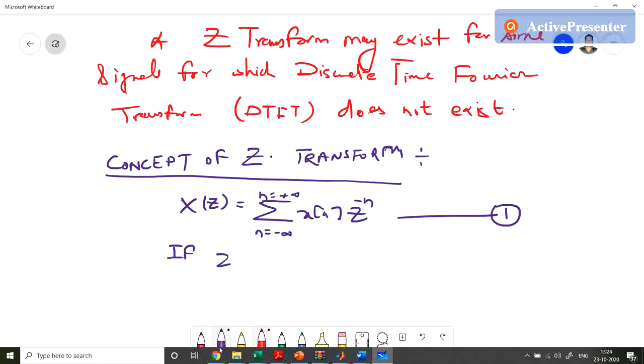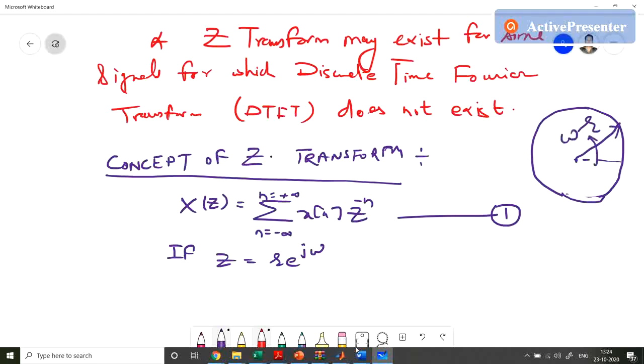Now if we take z equals r e raised to the power j omega, we have written this in polar form. It is just like a circle, and r is nothing but the radius of the circle, making an angle omega.